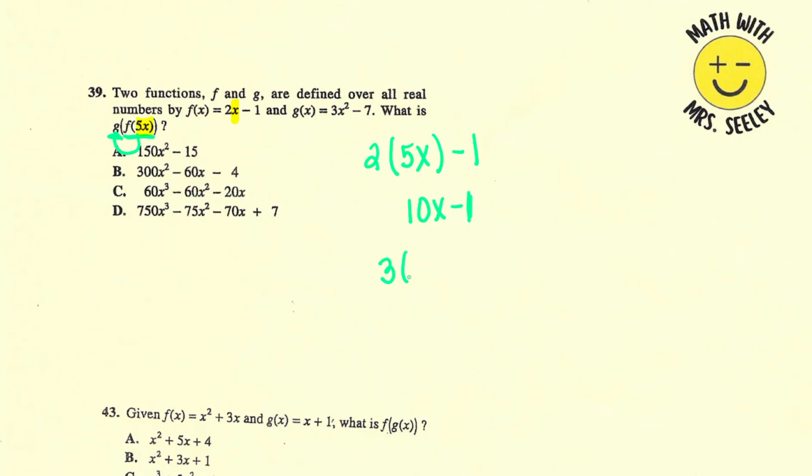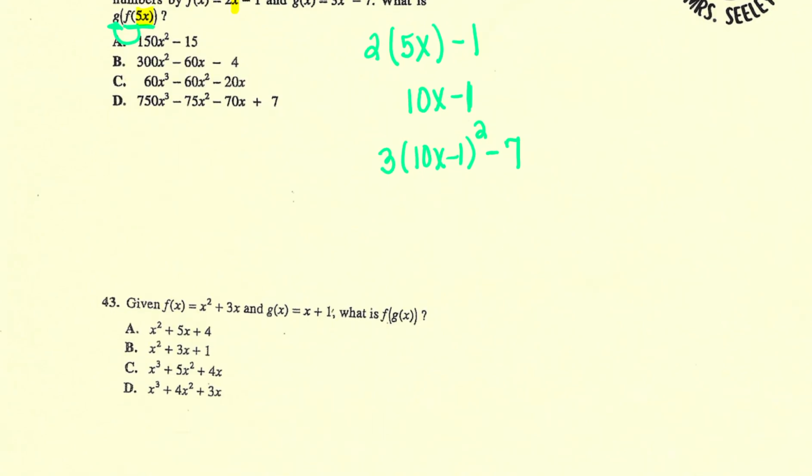So 3, and then we're going to put in 10x minus 1 squared minus 7. On this situation right here, be really careful with your math, because you guys know that this is telling me to take 10x minus 1 quantity squared.